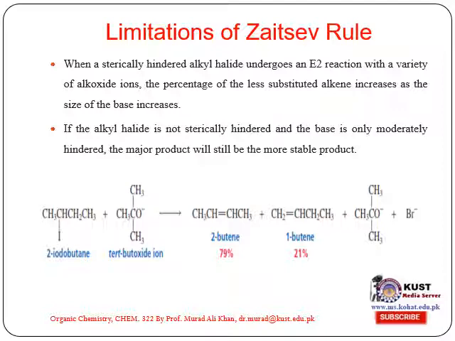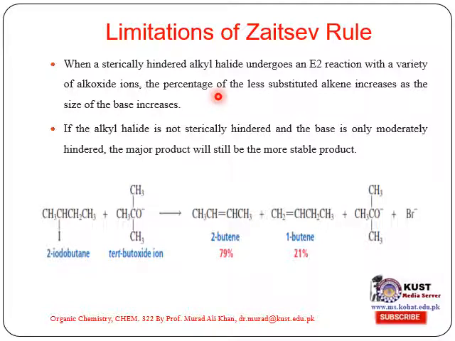Okay, when a sterically hindered alkyl halide undergoes an E2 reaction with a variety of alkoxide ions, the percentage of the less substituted alkene increases as the size of the base increases. So, as the size of the base increases, the Zaitsev product decreases.